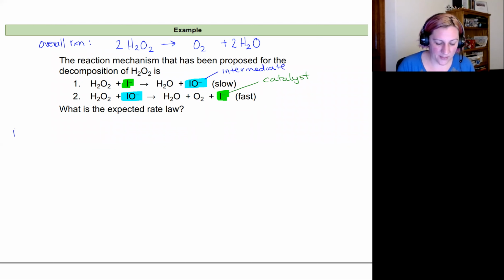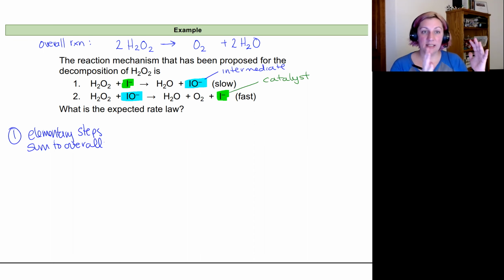So first, I'm going to make sure that these sum up to the overall reaction. I'm just going to take the reactants of both elementary steps on one side and the products on the other side, and we'll cancel out anything that's the same on either side and see if we end up with the reaction we're interested in.